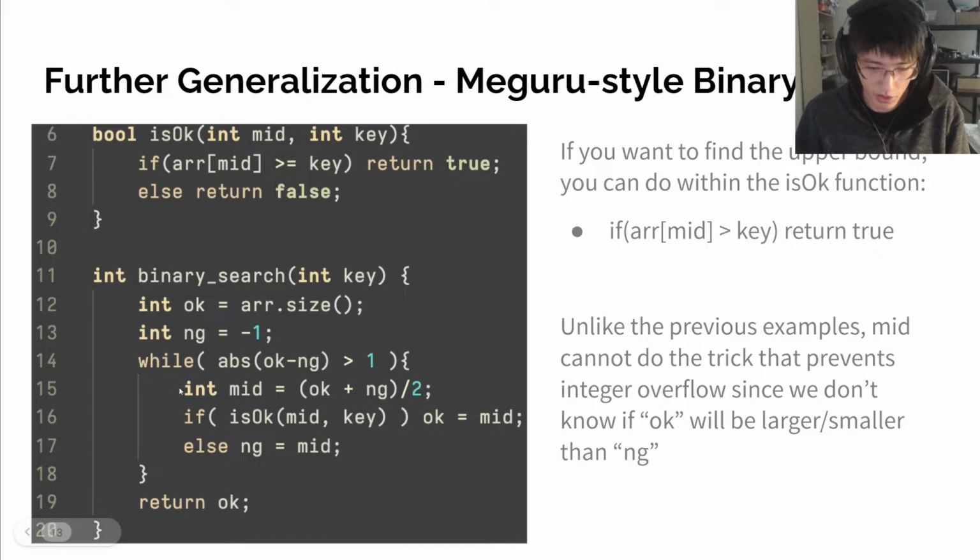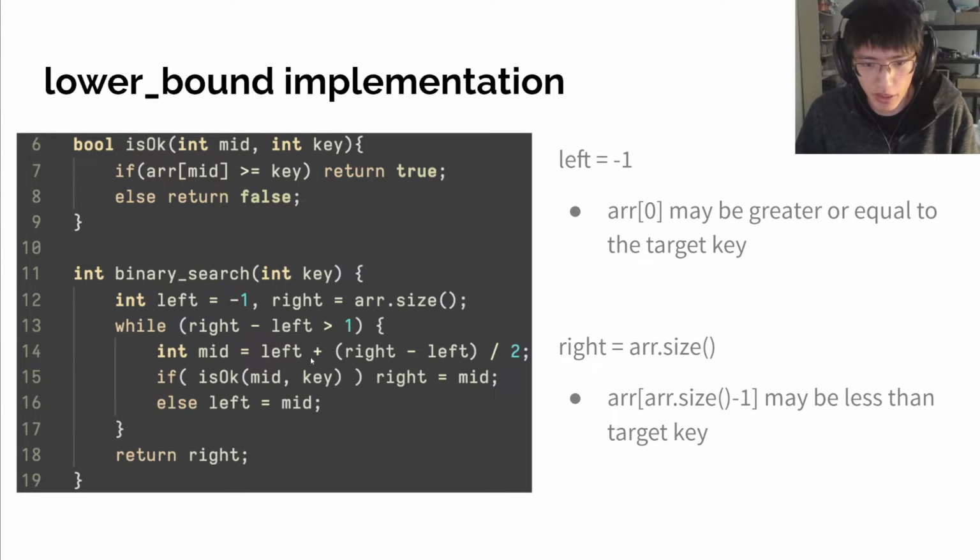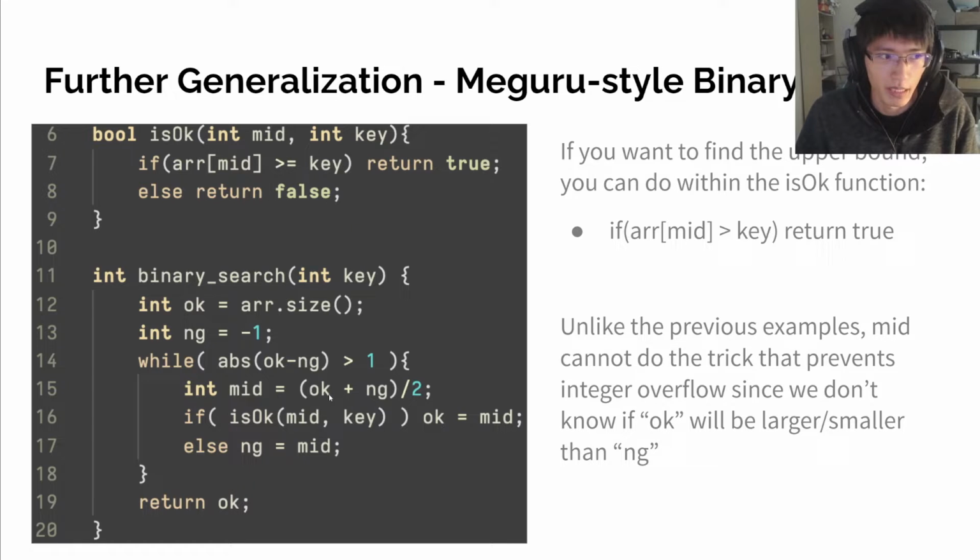So you take the average like before, and here you can't do the same trick with left plus right minus left over 2, because you don't know whether the okay value is going to be smaller or the not good value is going to be smaller. This is going to work in either case, but you return if is okay, and you have this helper function, then you set the okay part to the middle, and else set the not good part to the middle, and return okay. So this makes it really, really simple.